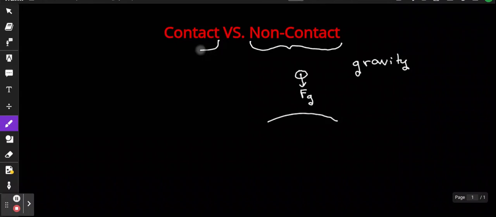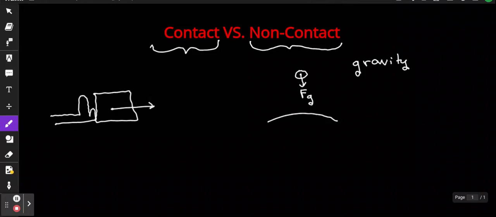A contact force is where the objects do need to be touching. So for example, my hand has to touch this box in order to exert a force on it. Or another common force is the force of friction.